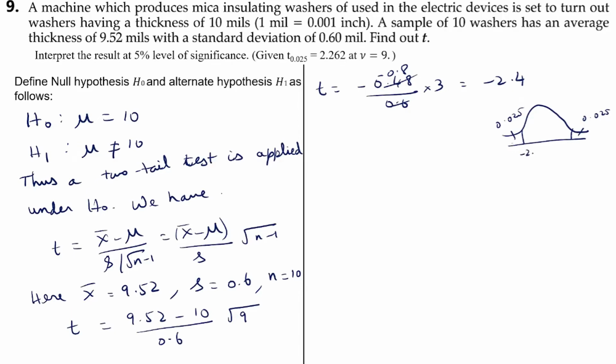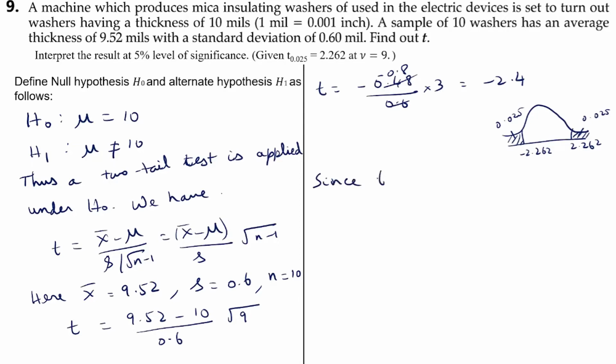Here it is negative 2.262 and this is positive 2.262. This is the region of rejection. Negative 2.4 lies in this region, it is less than negative 2.262, so we have to reject H0.